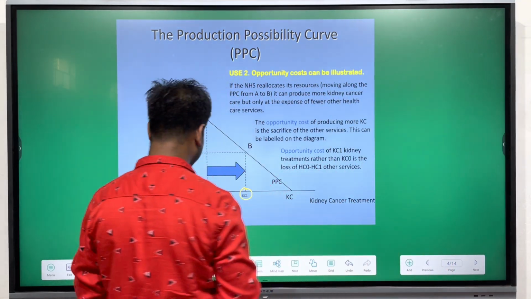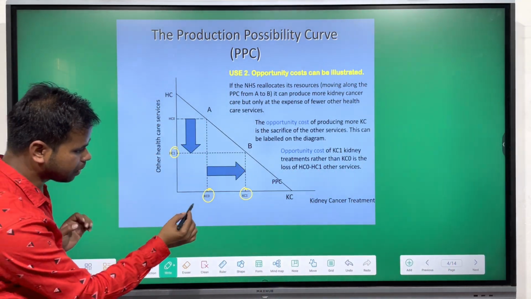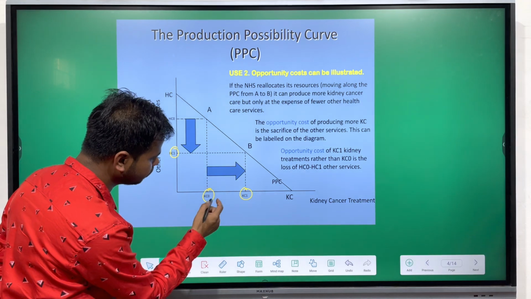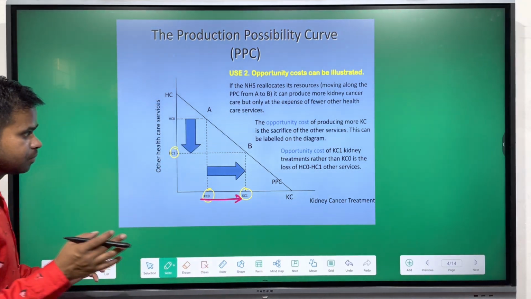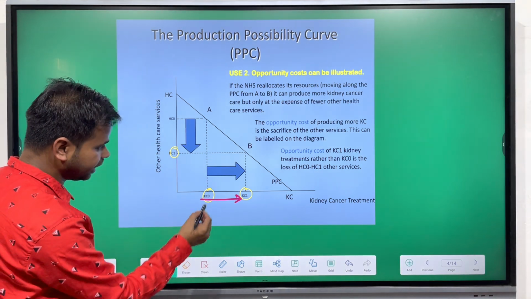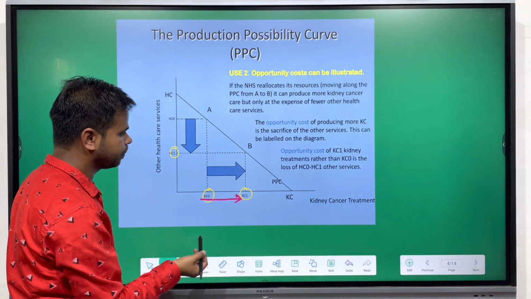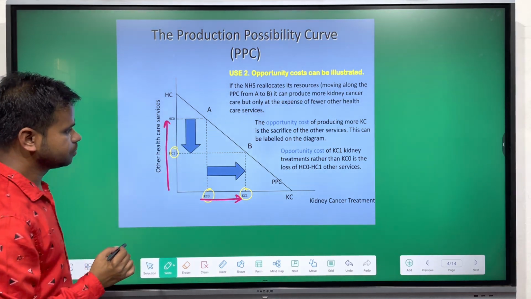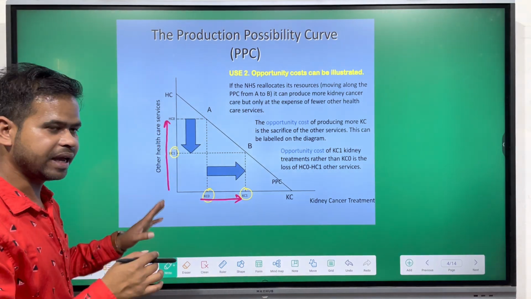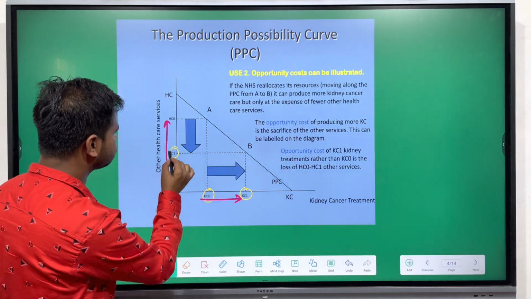Now, if we increase the investment on kidney functions and kidney care, then it will increase in the economy. And if we increase the investment on other healthcare services, then it will also increase.